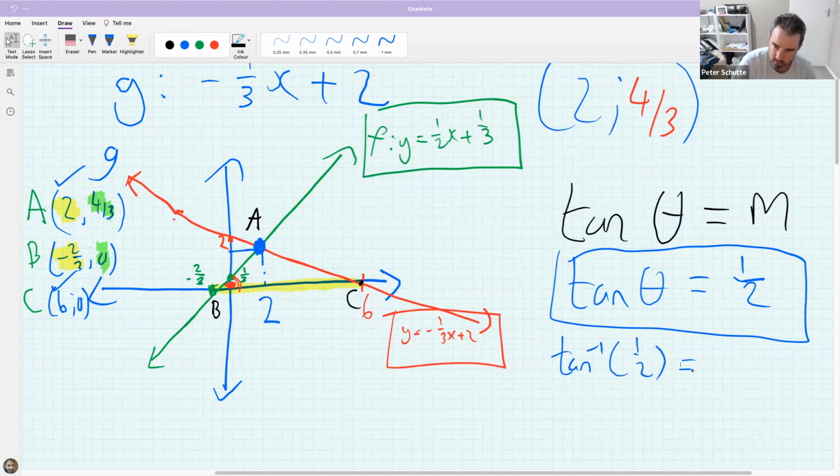And what do I get in my calculator? I should be getting 26.57 degrees. So this red dot angle here is 26.57 degrees, which makes sense if I look at the rough drawing.